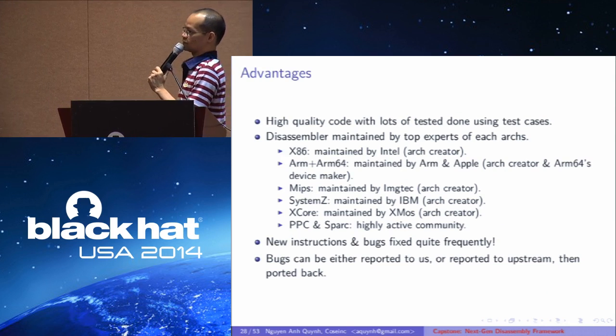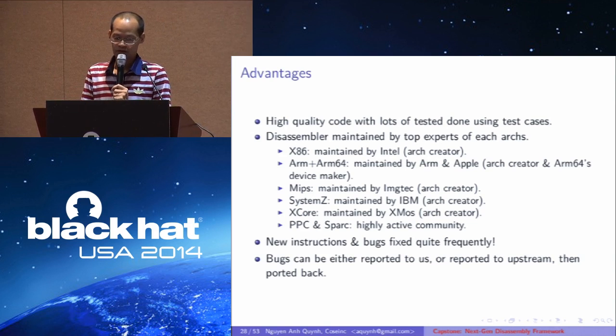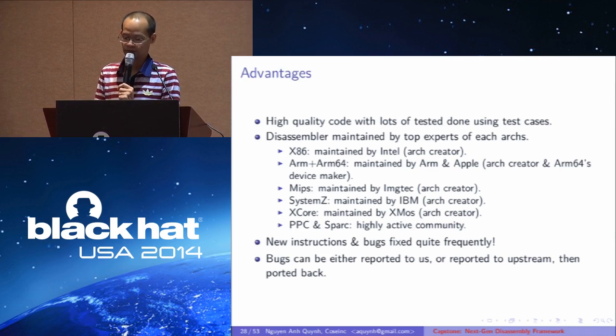So the advantages of using MC, there are many. For example, first, LLVM has high quality code with a lot of tests done using many test cases inside LLVM. So the code quality of LLVM is very good. The disassembler inside LLVM is maintained by top experts of all the architectures.